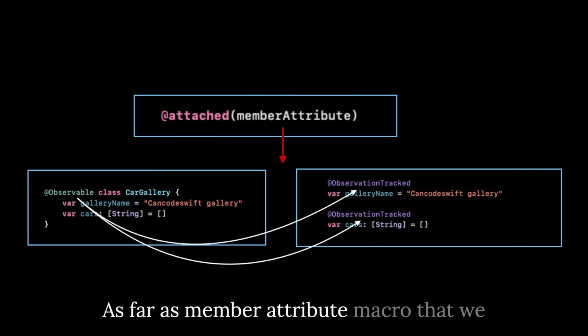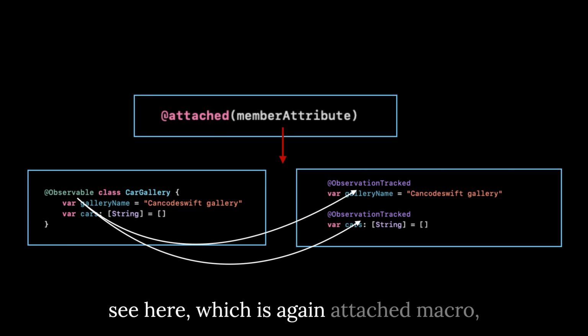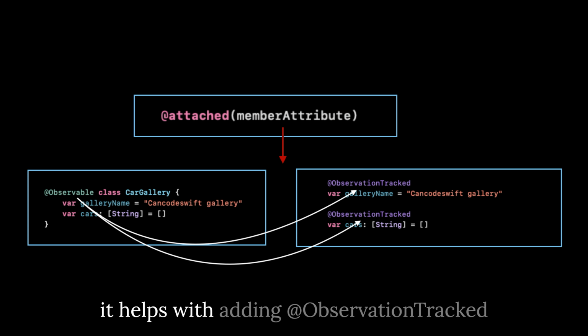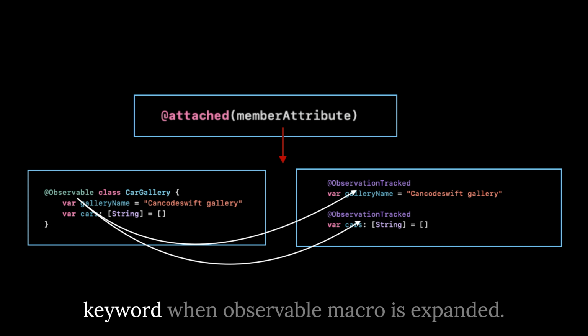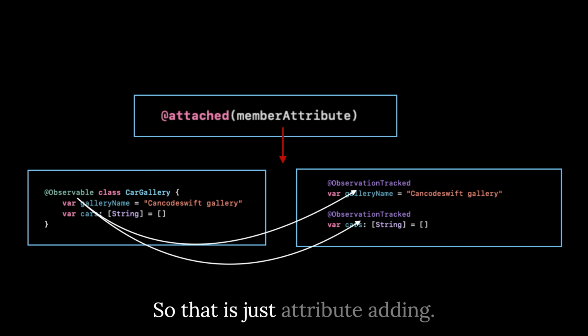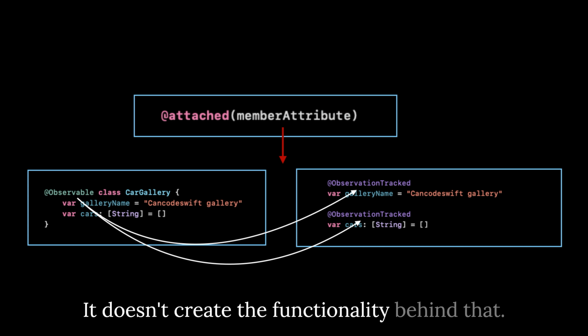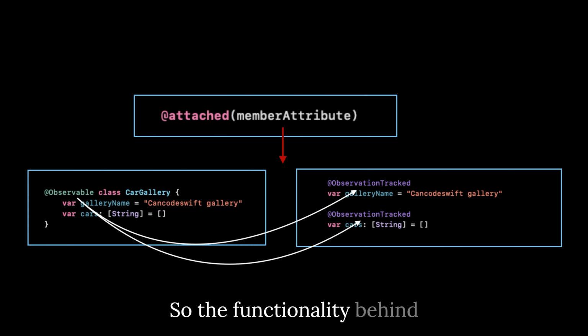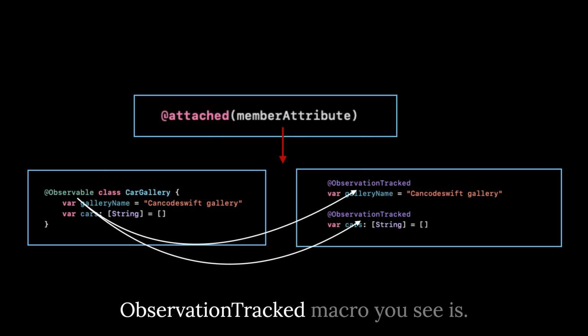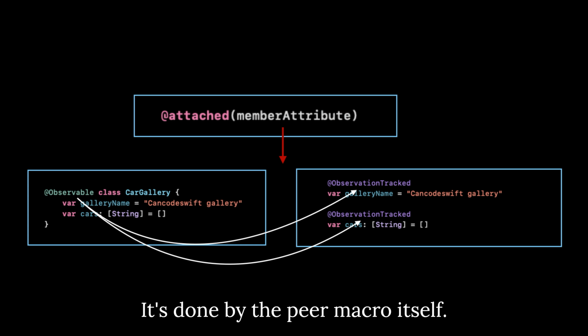As for the member attribute macro that we see here, which is again an attached macro, it helps with adding the ObservationTracked keyword when the Observable macro is expanded. So that is just attribute adding. It doesn't create the functionality behind that. The functionality behind the ObservationTracked macro you see is done by the peer macro itself, so it's a whole different macro.